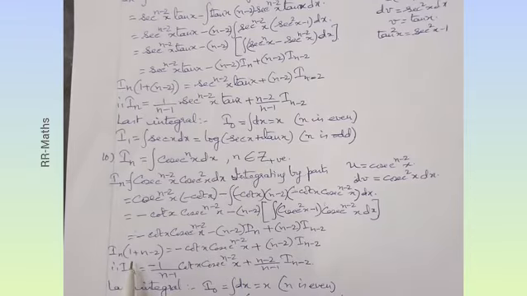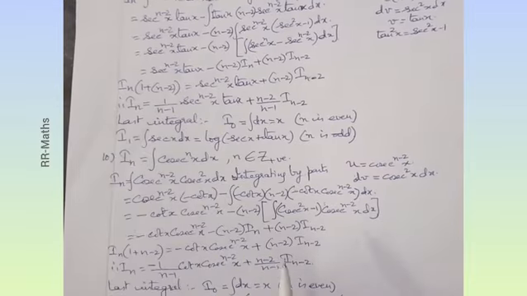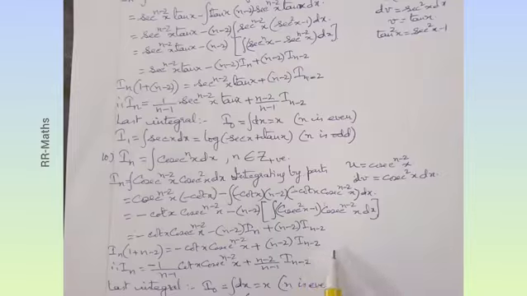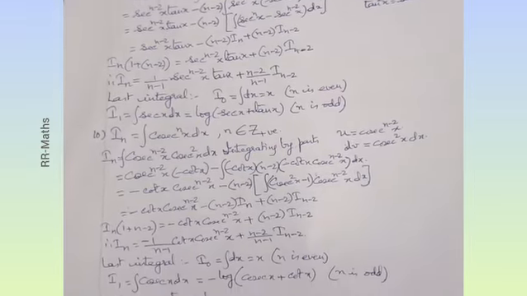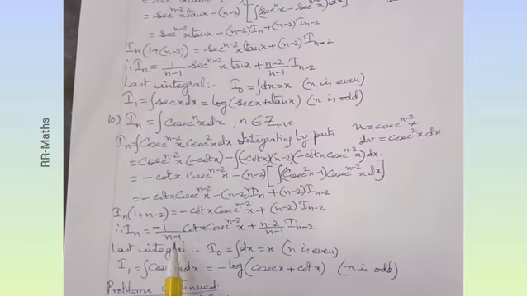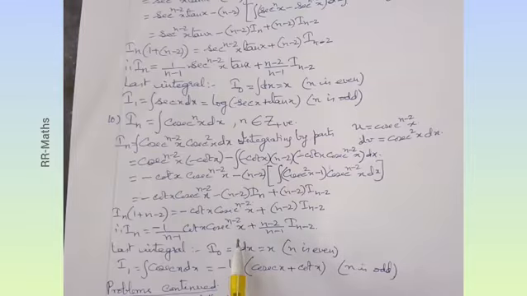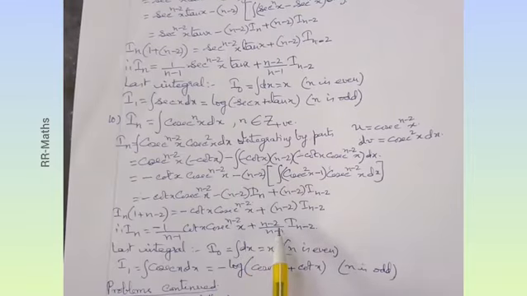So In into 1 plus n minus 2 is equal to minus cot x cosecant to the power of n minus 2x plus n minus 2 into I n minus 2. Now divide throughout by n minus 1 to give In is equal to minus 1 by n minus 1 cot x cosecant to the power of n minus 2x plus n minus 2 by n minus 1 into I n minus 2.